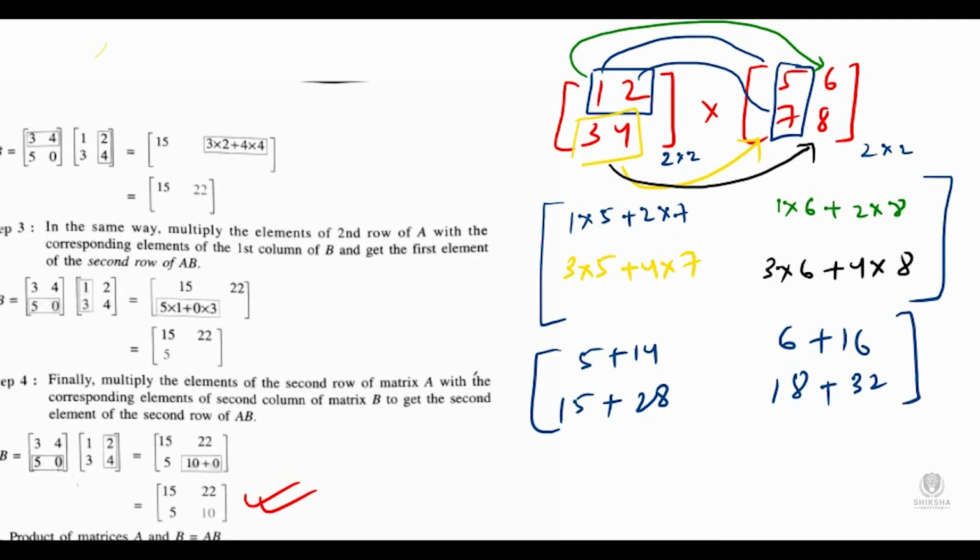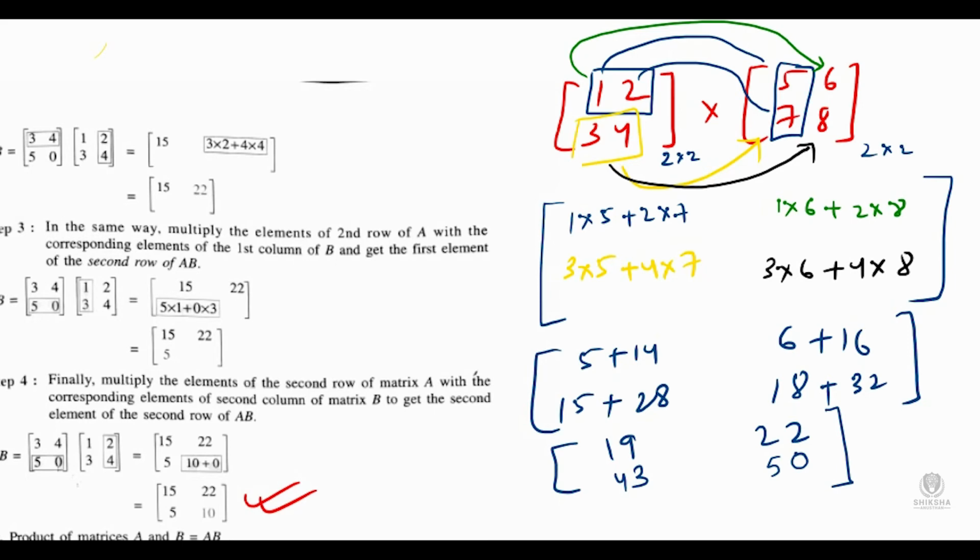That comes 19, 22, then 43, then 50. So I hope the multiplication process is now clear for you all.